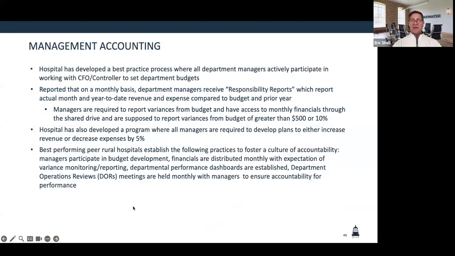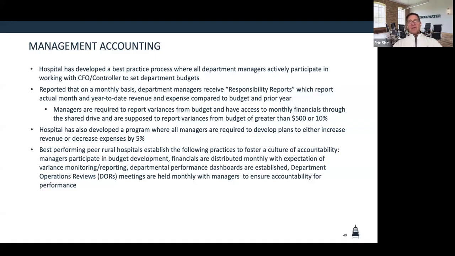So what are some of the areas that you can start with? I always like to start, I know you're going to say, Eric, you're an accountant, of course you're going to like this one, with management accounting. And what's best practice management accounting? I like to have all managers involved in the budget process right from the get-go, where, and we talked about this in session one a month ago, department managers are involved in setting expenses and involved in discussing volume and related gross revenue.